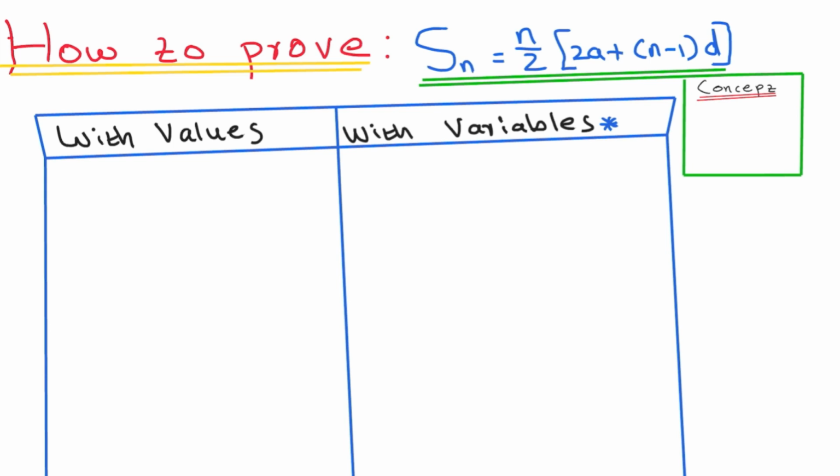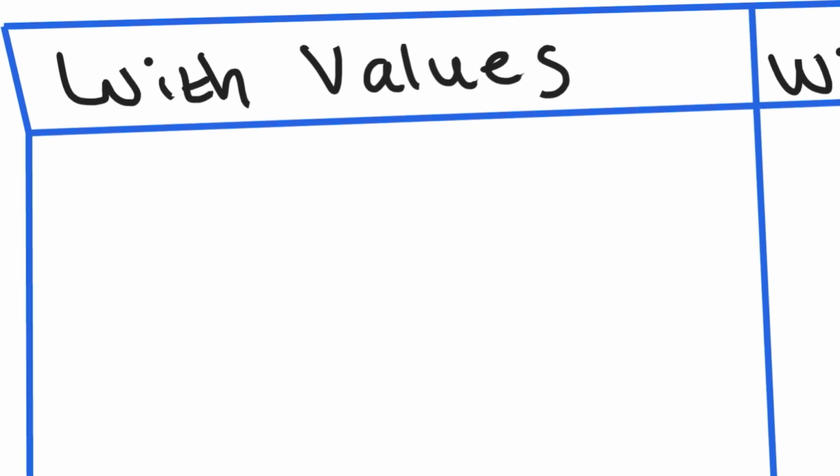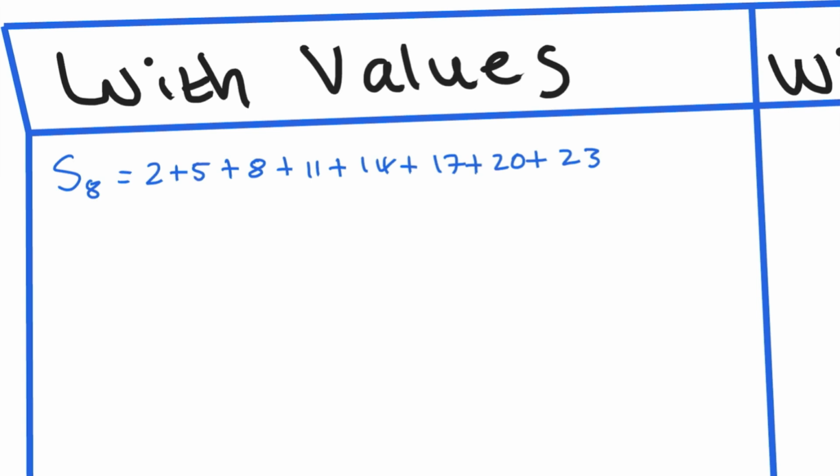Let me just enlarge a bit. When I say with values, let's say we have the sum of 8 terms, which is equal to 2 plus 5 plus 8 plus 11 plus 14 plus 17 plus 20 plus 23.